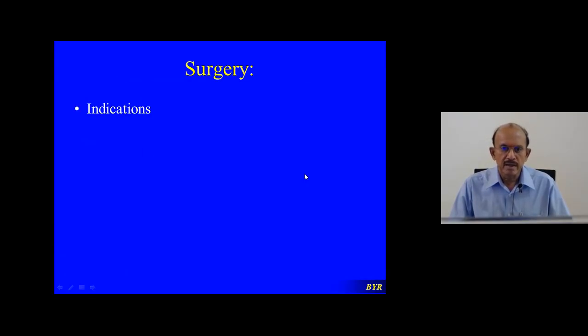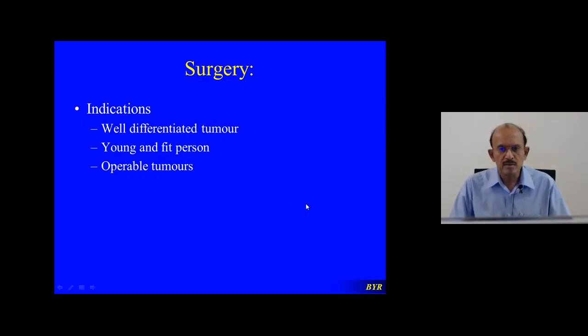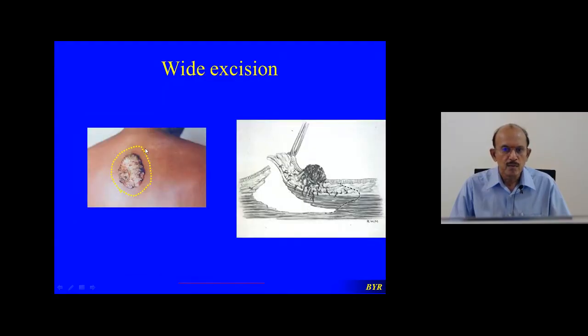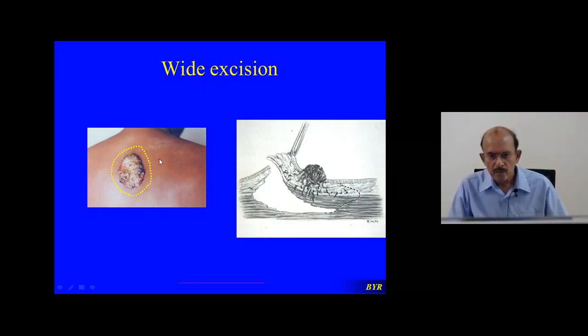Surgery, indications: well-differentiated tumor, young and fit person, operable tumors. Procedure: wide excision with clearance of 1 to 2 centimeters beyond the ulcer. Then repair of the defect by skin grafting or by flaps. So it is wide excision. You do it wide as well as depth wise.